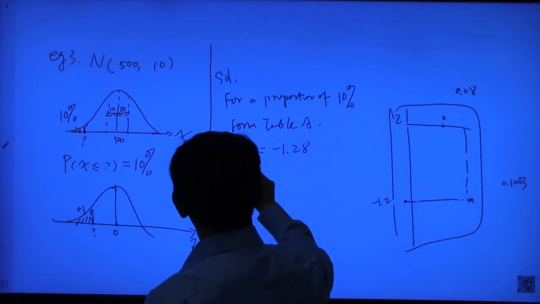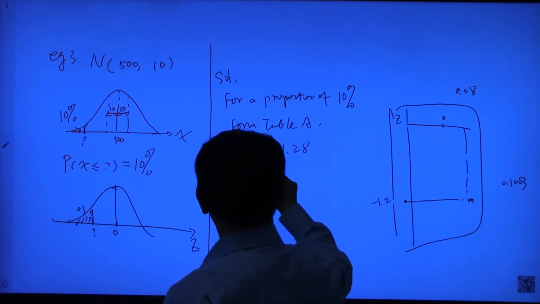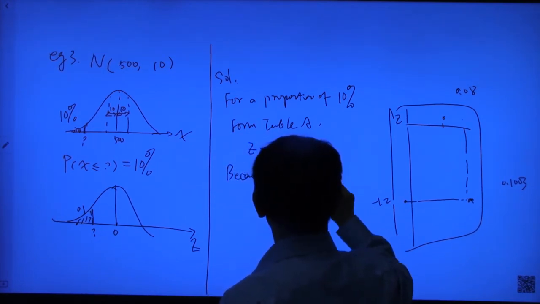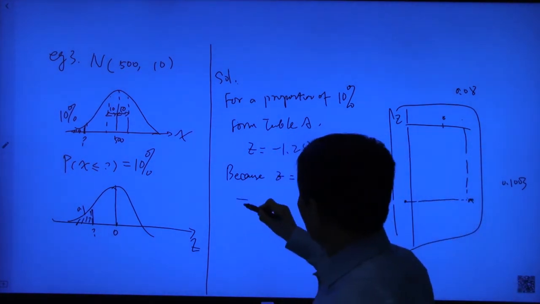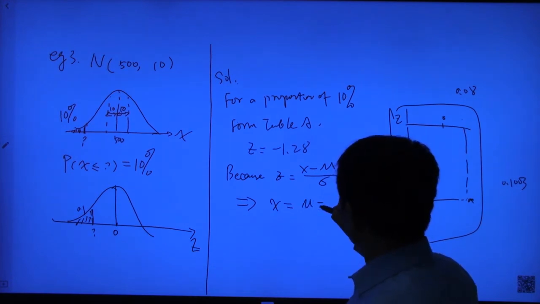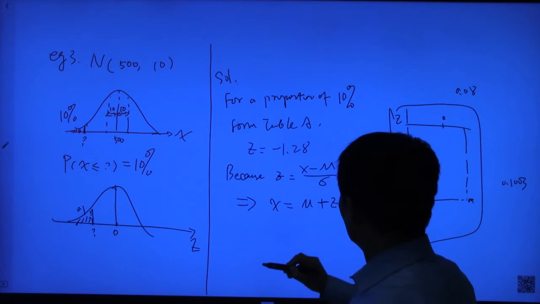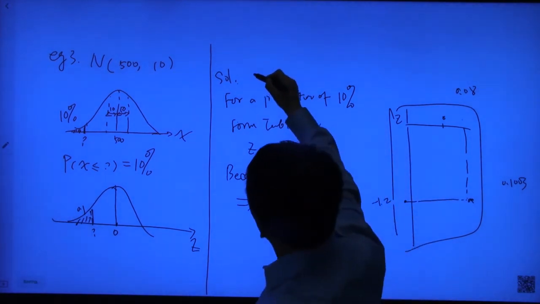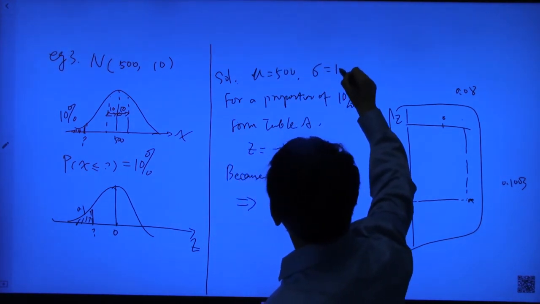As we know, z equals x minus mu over sigma, and so x equals mu plus z times sigma. Here mu equals 500 and sigma equals 10.